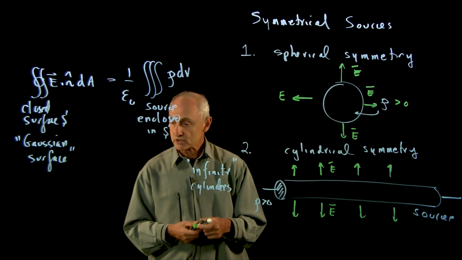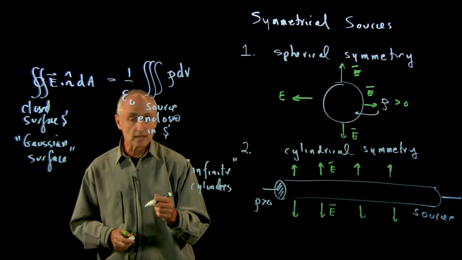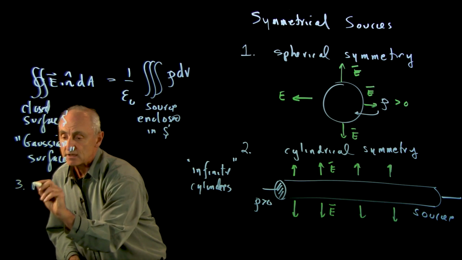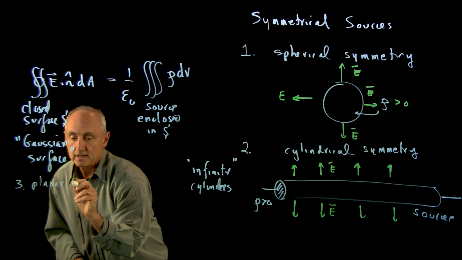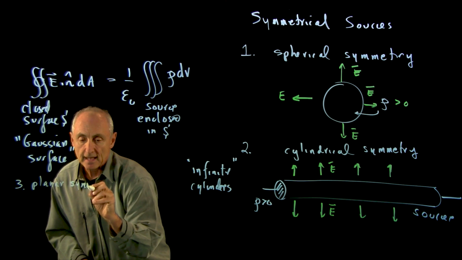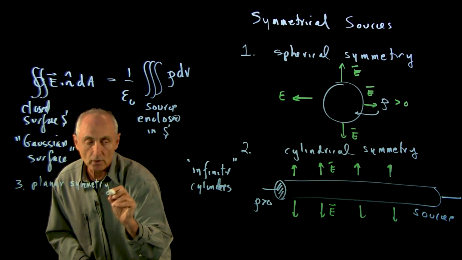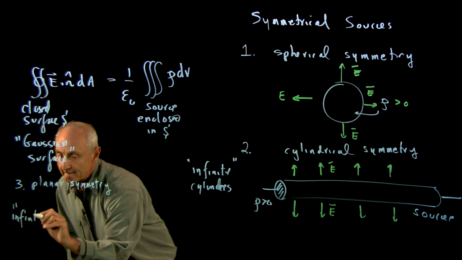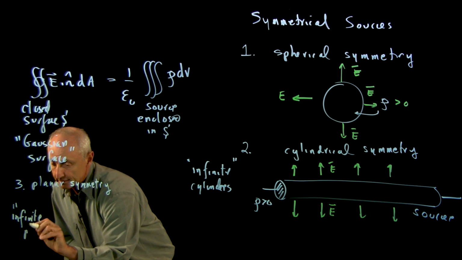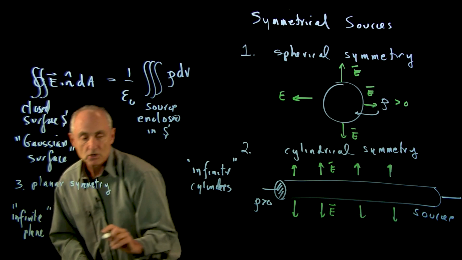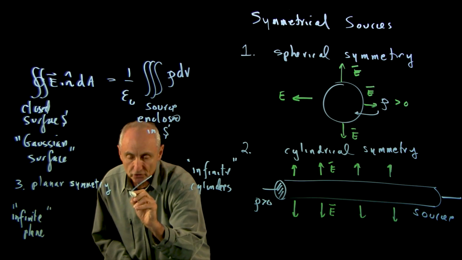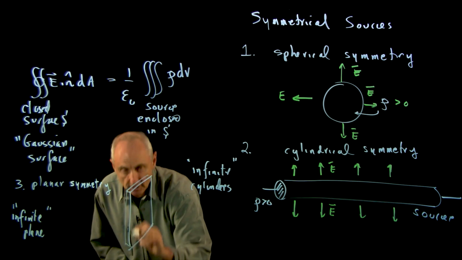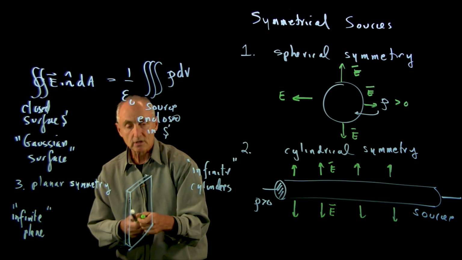Now, our third source has planar symmetry. And again, what we'll look at is an infinite plane. So I might have a source, and it could be some type of volume.